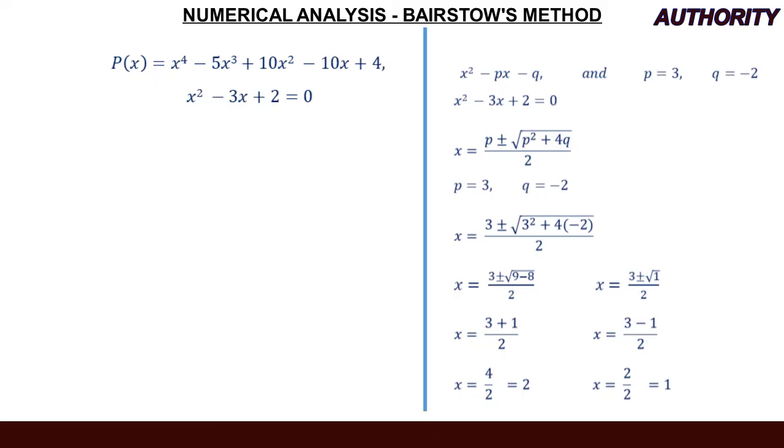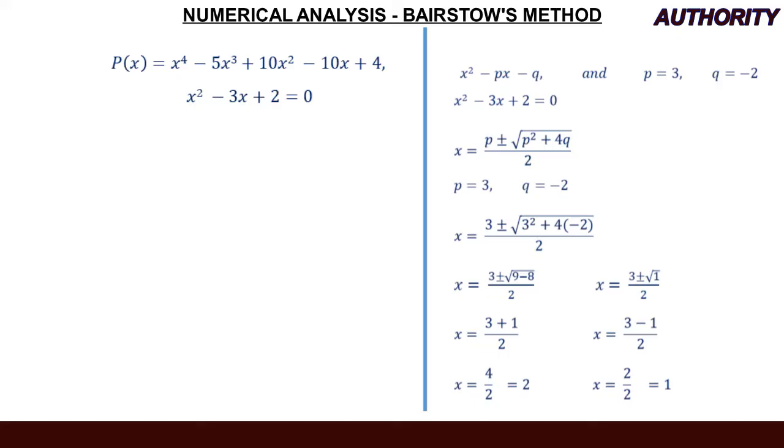You can use long division and you can use synthetic division to find the product of two polynomials, of which one of them is the extracted quadratic polynomial, such that when you multiply these two polynomials, it's going to give you your p of x. So we can use any of these two methods: long division or synthetic division.